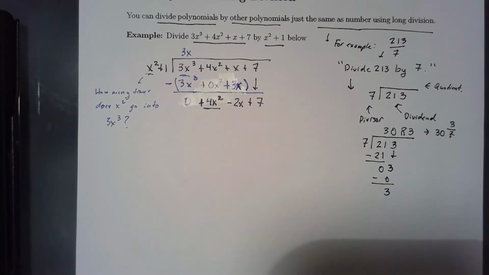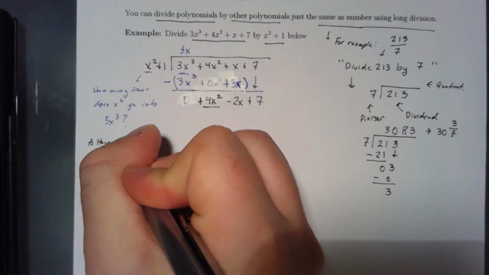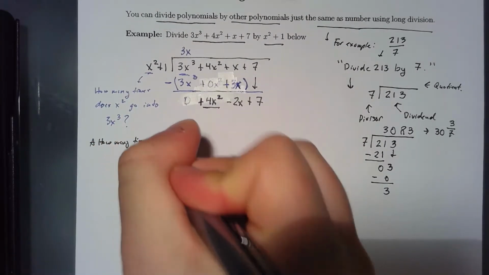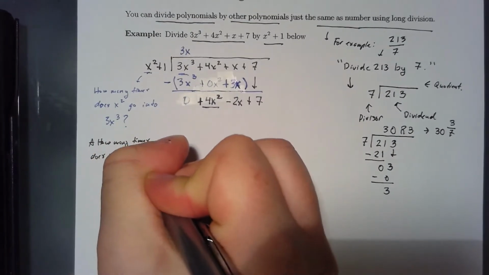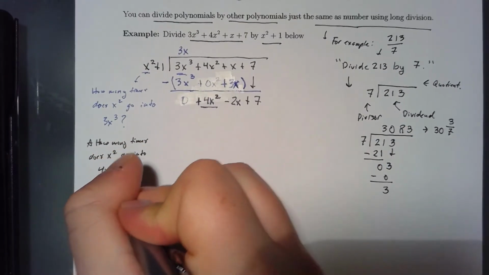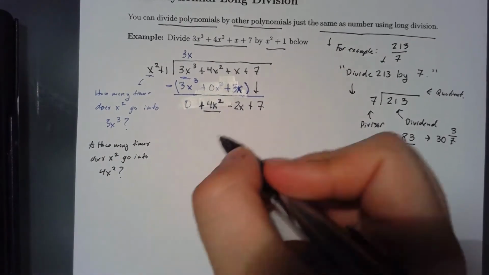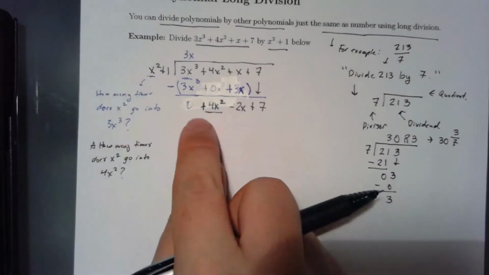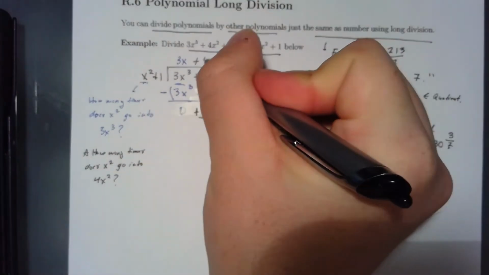So how many times does x squared go into 4x squared? Well, that's just 4, right? That's going to be plus 4, right? x squared times 4 gives me 4x squared.